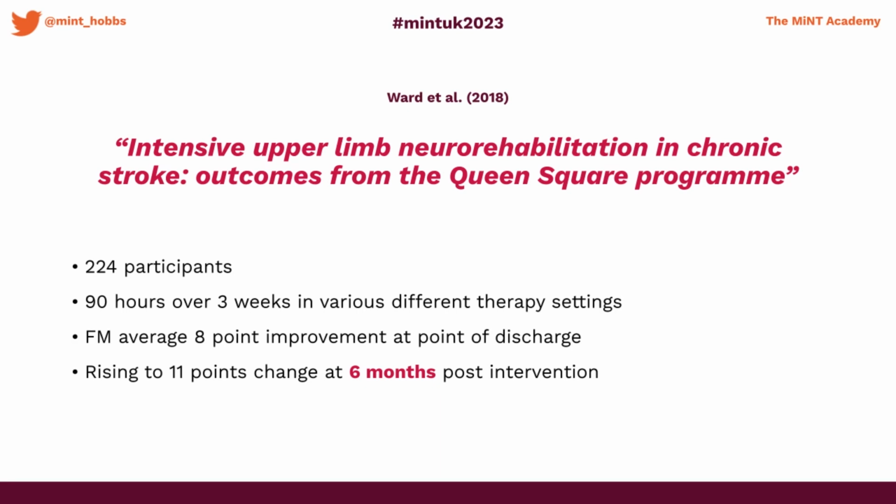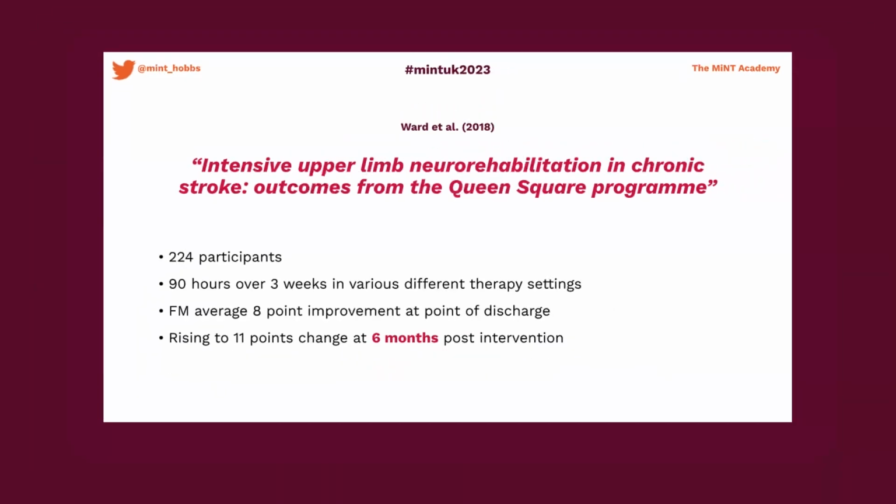So my understanding being that getting someone kick-started, if you like, with a high volume, high intensity program, allowing them to then have access to greater movement, allows them to then go home, have their own home exercise program they continue to work at and progress at. So this high volume of training, physiotherapy, occupational therapy, this input early on, giving better long-term measures that stand the test of time in a sense.